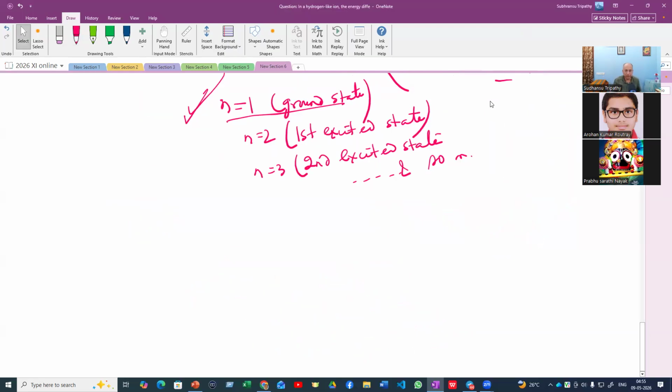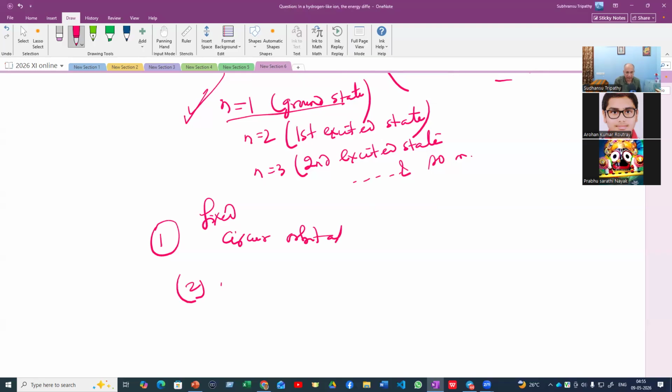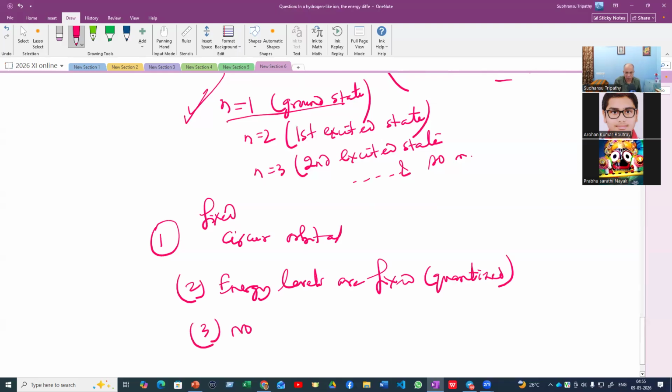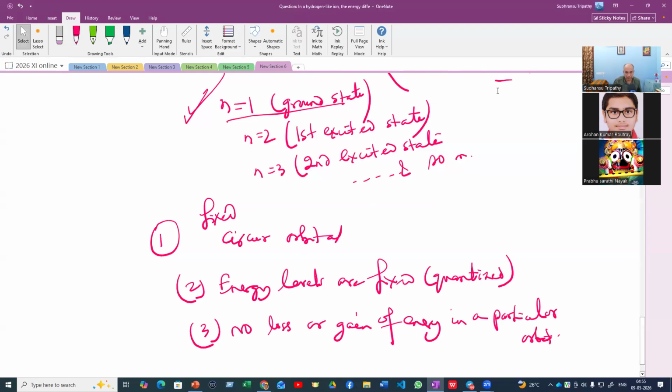So the first postulate is fixed circular orbit, which I have written. Then energy levels are fixed or quantized. No loss or gain of energy in a particular orbit, but it can jump.